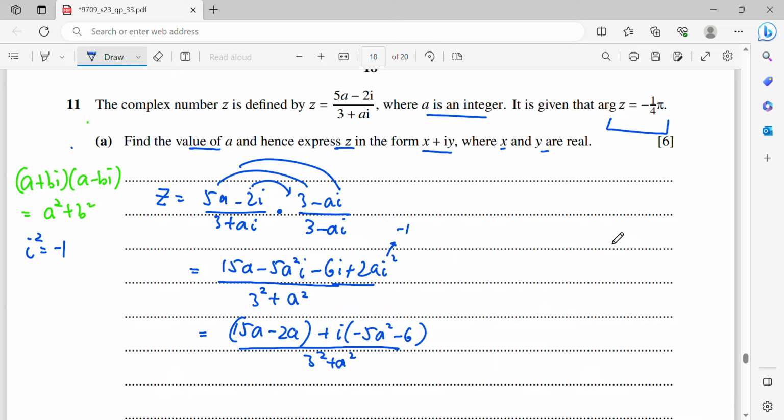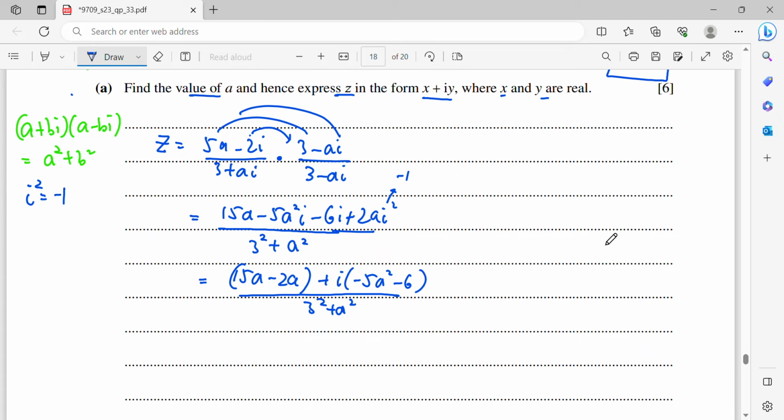Now we know that complex number is always written in real and imaginary parts. Therefore, 15a minus 2a is 13a, then over 9 plus a squared. Then instead of both minus, you can just take it out. It will be minus of 5a squared plus 6 over 9 plus a squared. Then this is i.